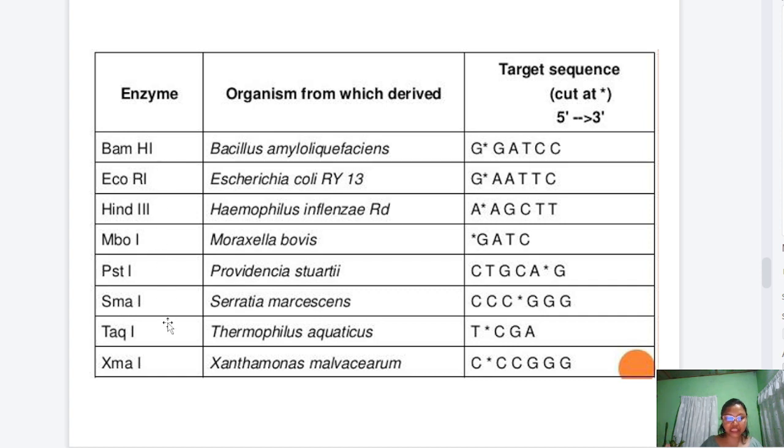If you look at this table, you can find how the names have been given to them. In the third column, you can see the target sequence, the recognition site, and where the star mark is highlighted, that is where the restriction enzyme is going to cut.